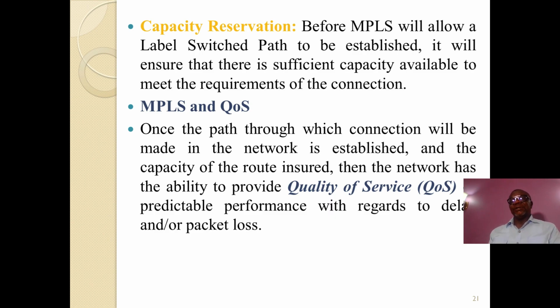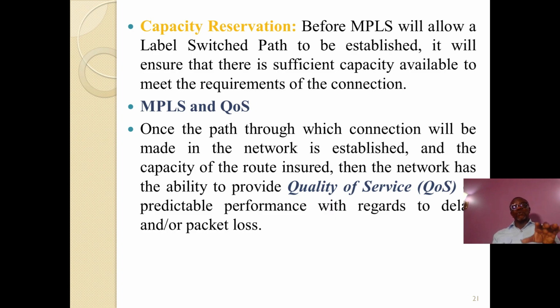But in a real commercial entity, immediately that is established, the network must ensure that all the data is downloaded, or all the data from end user 1 must get to the other end user.